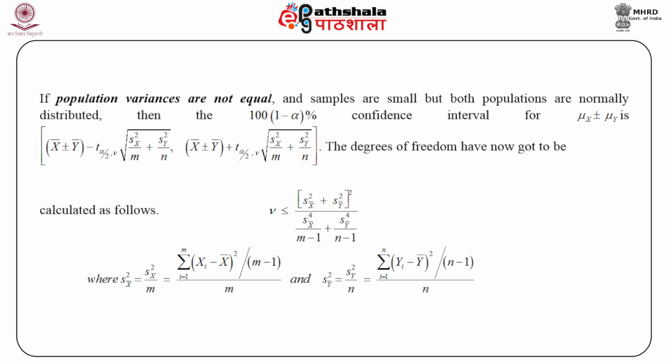What will happen to the formula if the population variances are not equal and samples are small, but both populations are normally distributed?